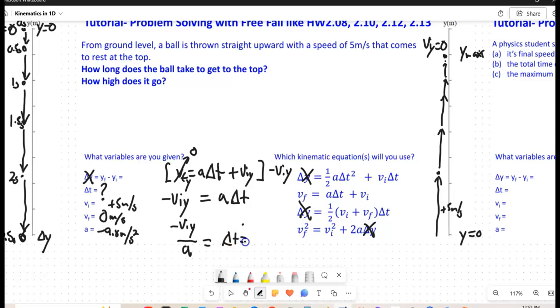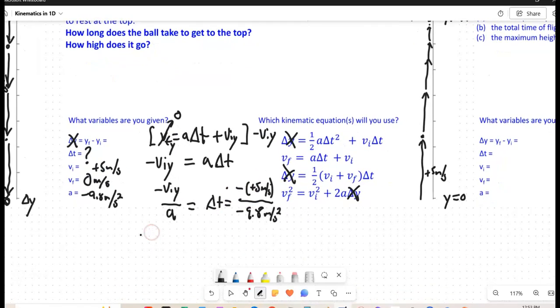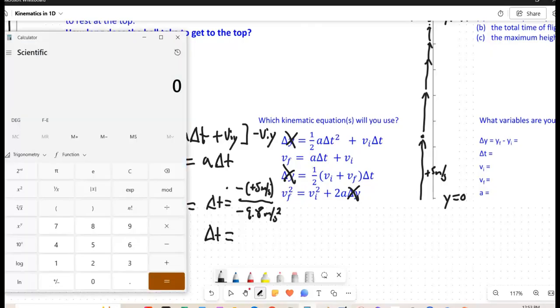So this is going to be equal to a negative, where the positive 5 meters per second, divided by negative 9.8 meters per second squared. So the time it takes to reach its maximum height is going to be, it's about a half, but not quite.